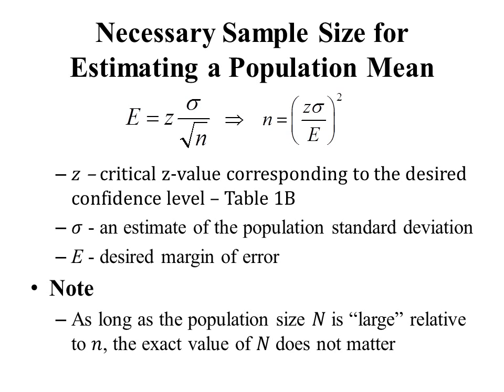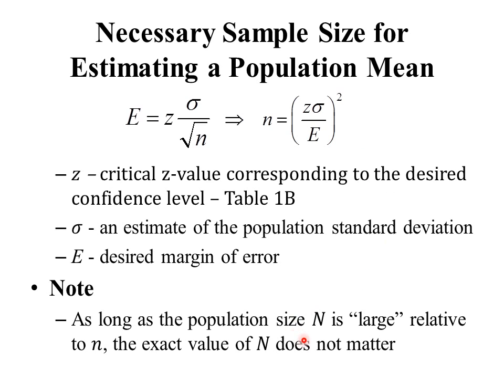Now, one thing that we want to note here is that the population size just doesn't matter. As long as the population size is large relative to the sample size, then the exact value of the population size just doesn't matter. We often think that if we have a larger population, then we need a larger sample size, but this formula illustrates that that's not the case.